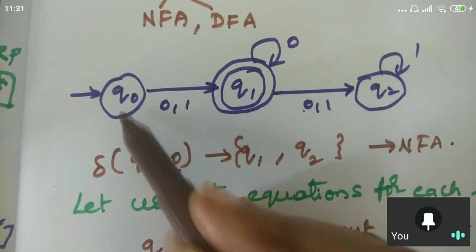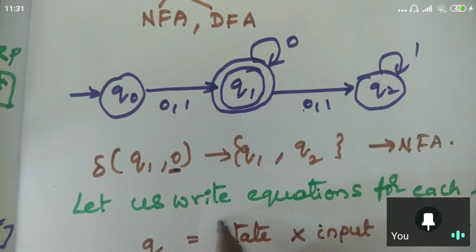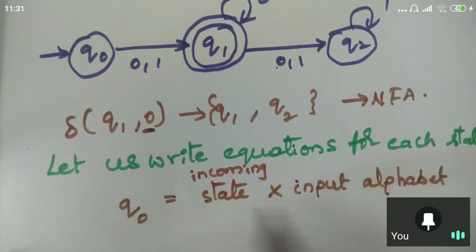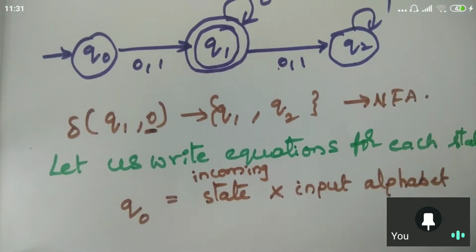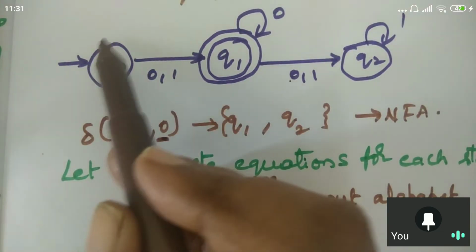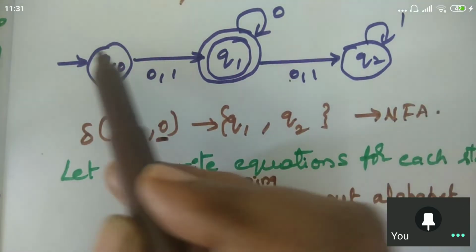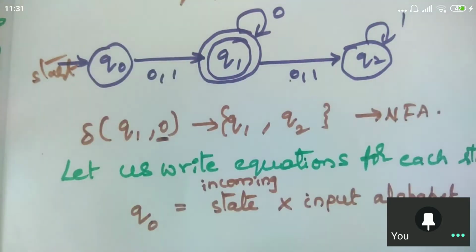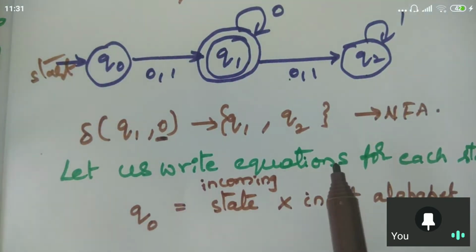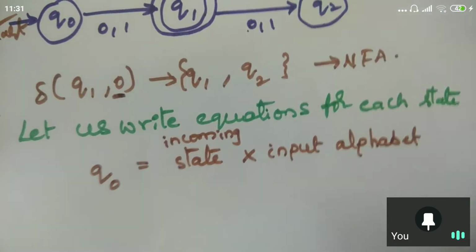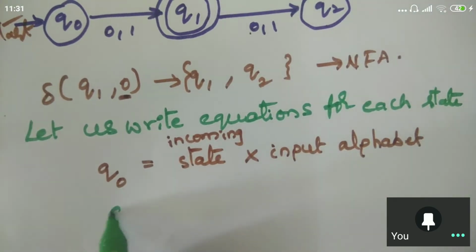It doesn't have anything. So this state should be the incoming state, not the original state. So any state can be expressed as an incoming state multiplied with the input alphabet. So here if you observe Q naught, it doesn't have any incoming states, or any self loops. So there is no input alphabet for this particular state. This is a start state, but it doesn't have any incoming arcs or any incoming alphabet. So we will be writing Q naught as epsilon.